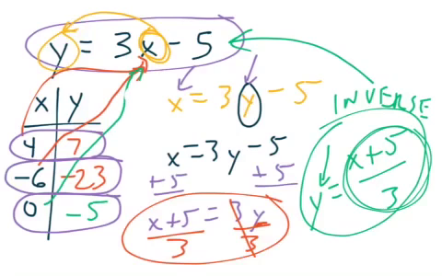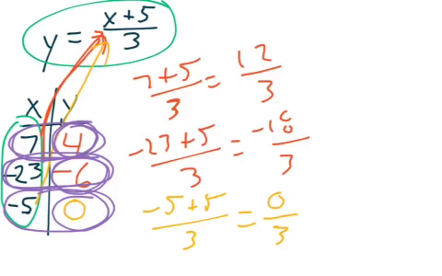In other words, let's use gold here. Did we not go from negative 5 back to 0? Negative 23 back to negative 6. 7 back to 4. Look. 7 went to 4. Negative 23 went to negative 6. Negative 5 went to 0.